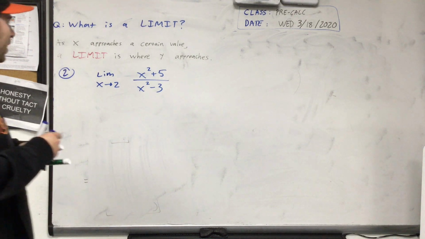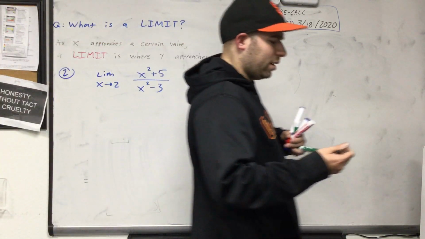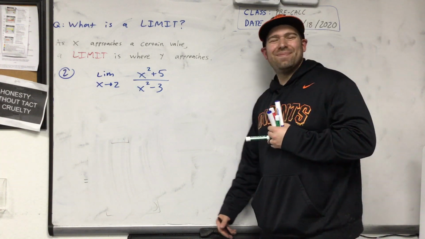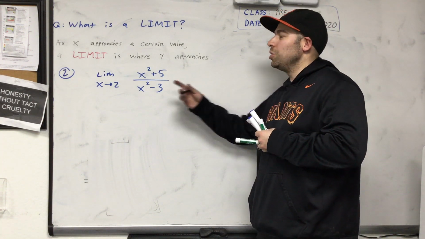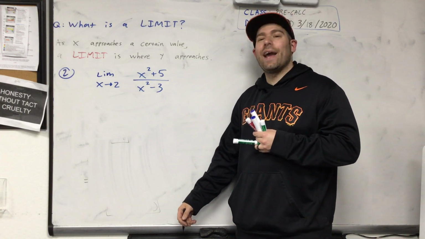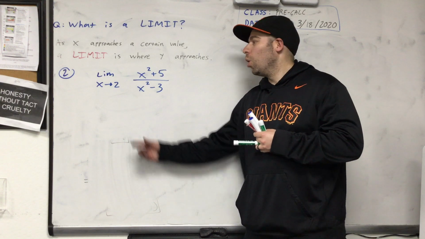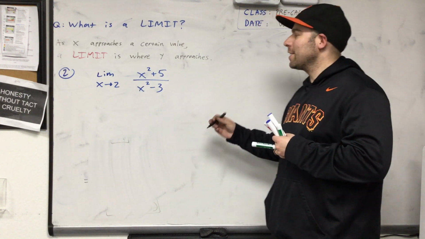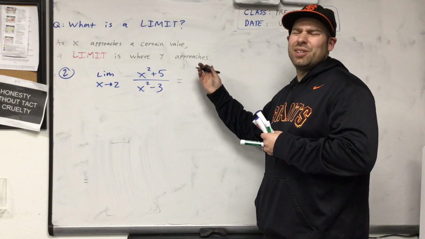The one thing I want to look for is, is it illegal to plug in x equals 2? Well, couldn't hurt to try. So you guys get the idea that I could plug in 1.9, 1.99, 1.99999, or 2.1, 2.01, 2.0001. But the fact is, you never know until you try.